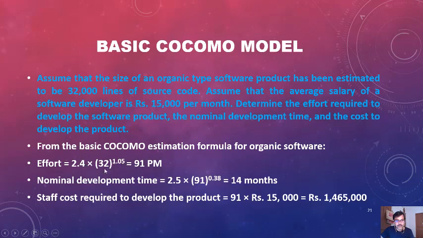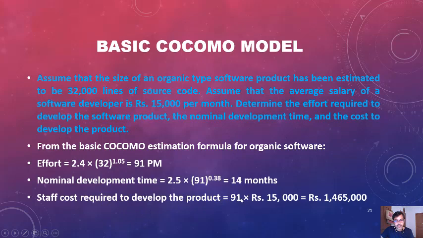The staff cost required to develop the product is equal to 91 person months times 15,000. That means we require 91 person months to develop the project, and 15,000 is the given salary of the software developer. So here is the whole result.